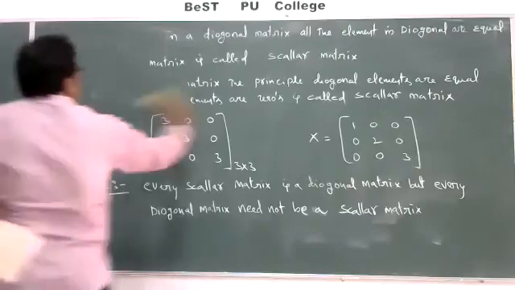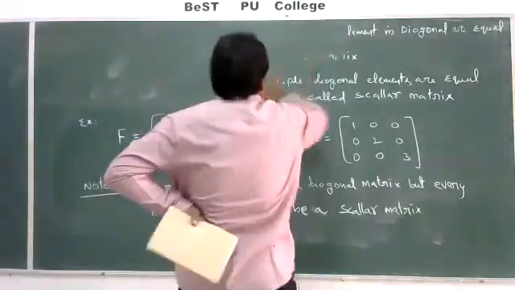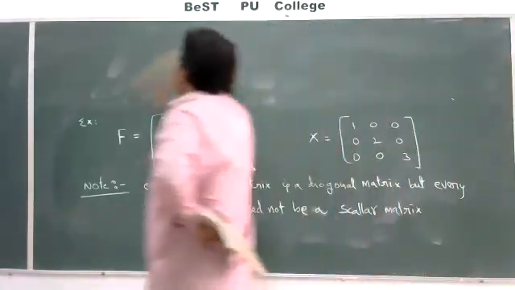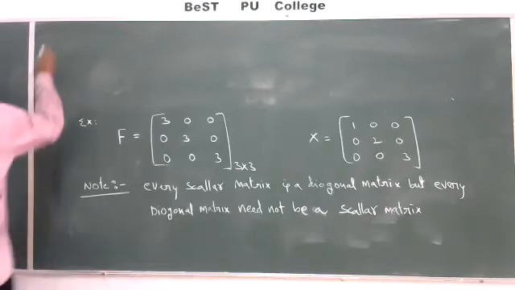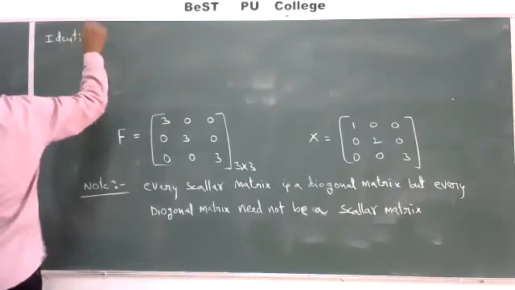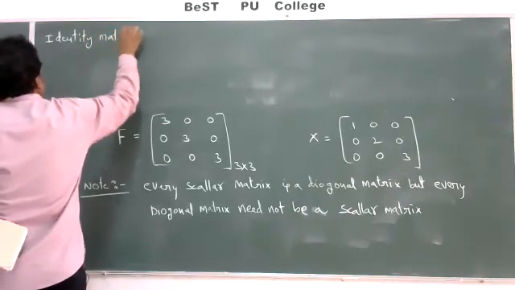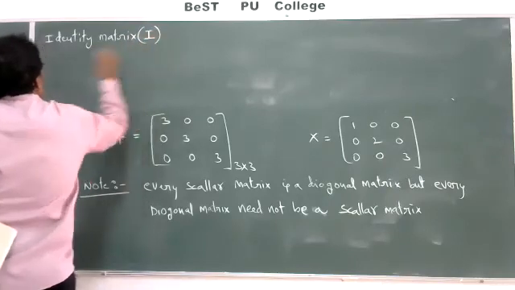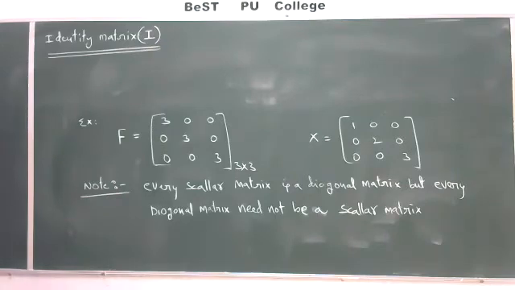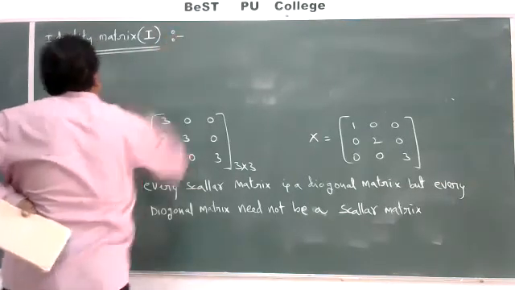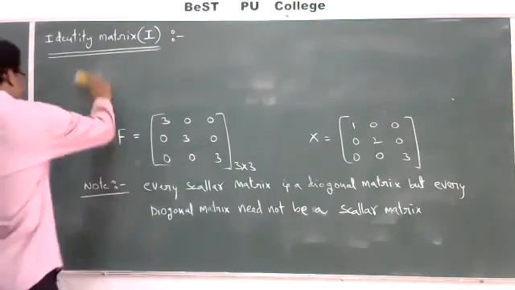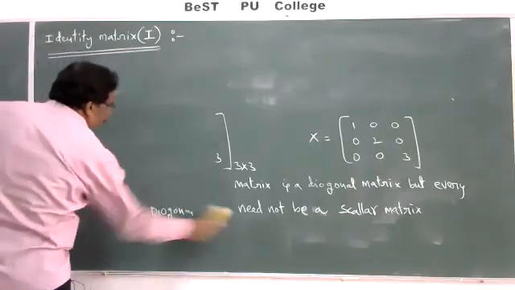Next, identity matrix. Identity matrix is represented by the letter capital I. Identity matrix is always represented by the letter capital I. What is meant by identity matrix?